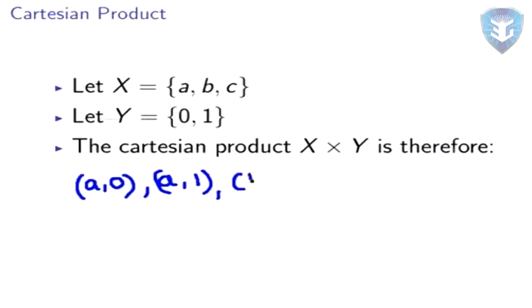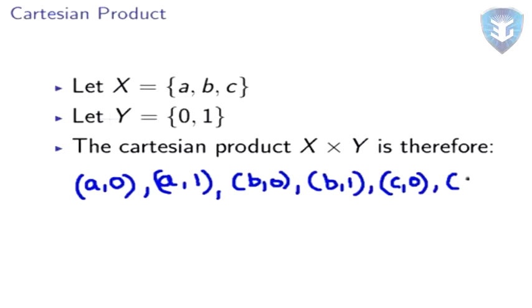The next two are B and 0, B and 1, C and 0, and lastly C and 1. So there are no more possible ordered pairs from these two sets. So that is the Cartesian product there.